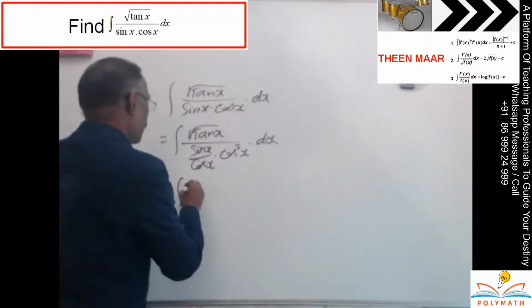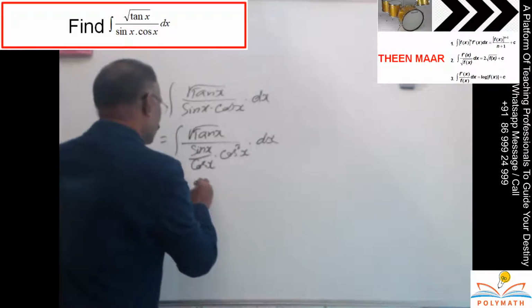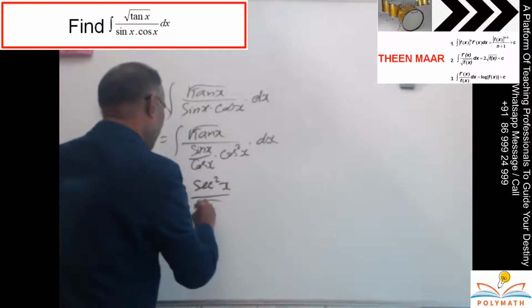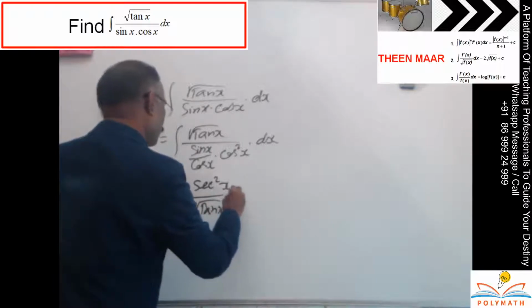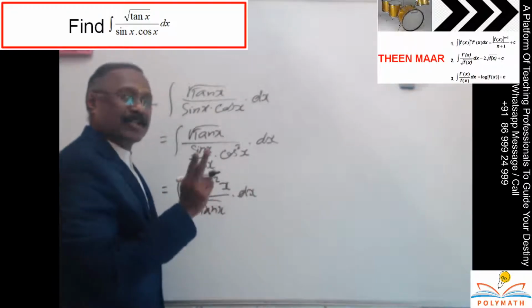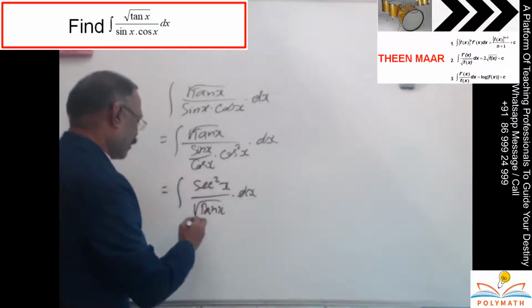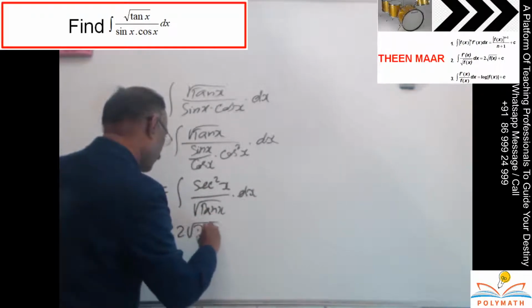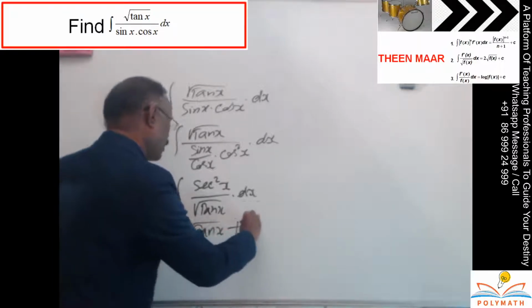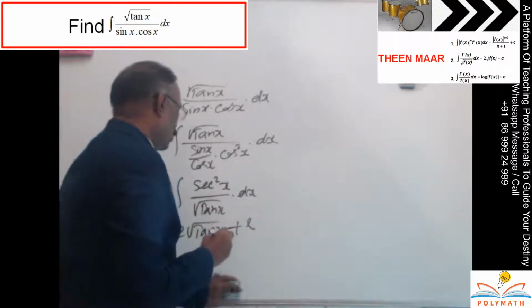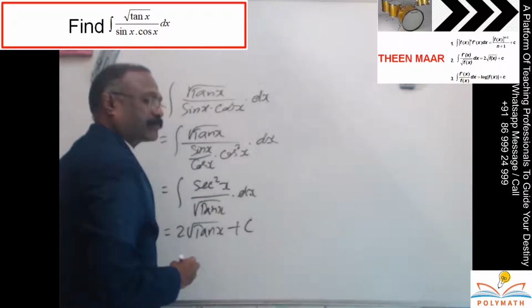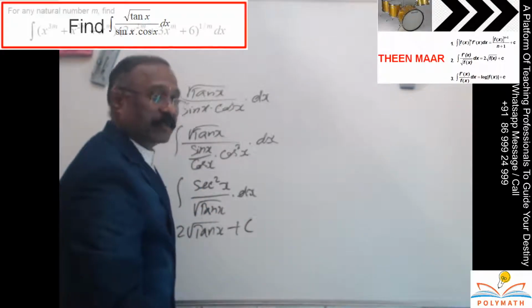This is the integral of secant square x divided by root tan x dx. Just see tin mar 2 there. f dash x by root f(x) is nothing but 2 root f(x) plus c. So see how tin mar 2 is applied. Go to the next one.